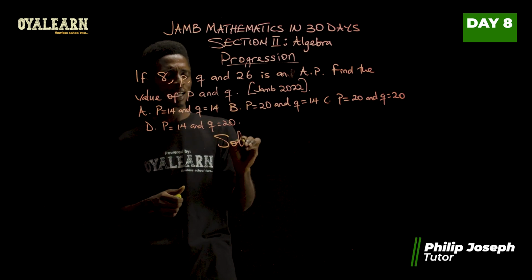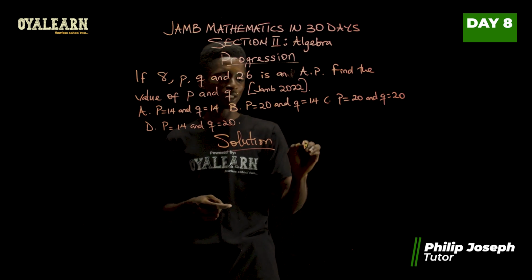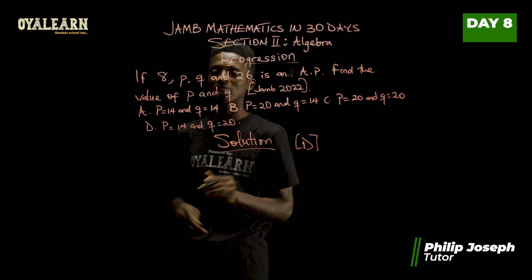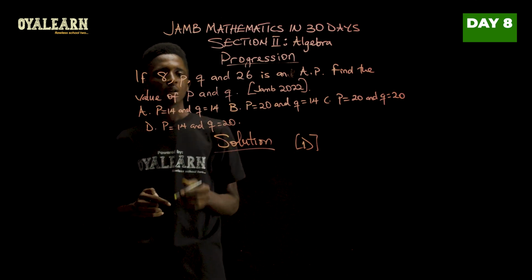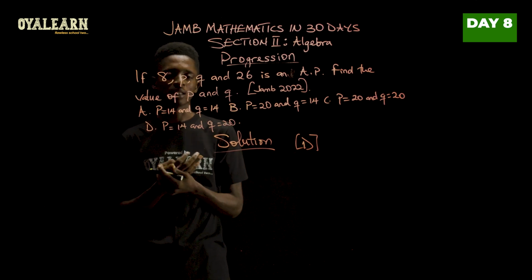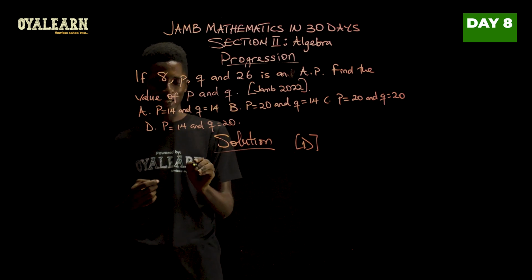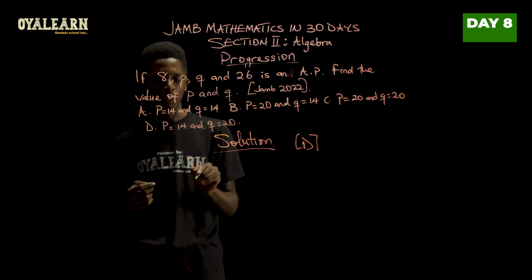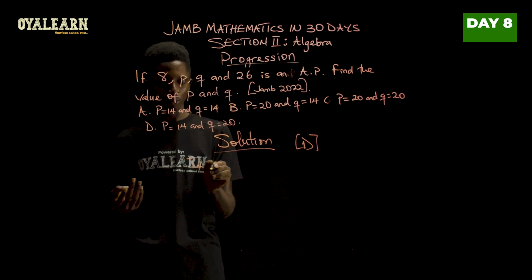But in case you don't have this kind of options, this is how you also solve it. Now take note, we already know the correct answer is D, but this is how it is solved if you are going to show workings. So we can pick any of the terms, for example, the last term, T4. This is supposed to follow the formula.